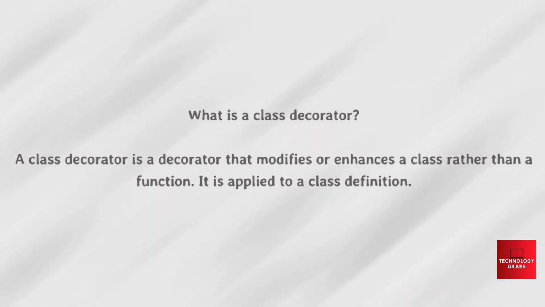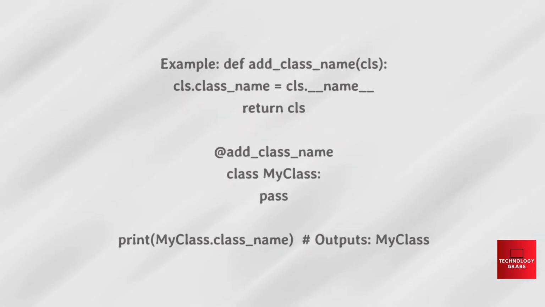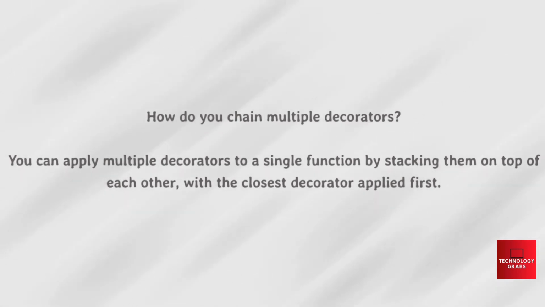A class decorator is a decorator that modifies or enhances a class rather than a function. It is applied to a class definition. How do you chain multiple decorators? You can apply multiple decorators to a single function by stacking them on top of each other, with the closest decorator applied first.